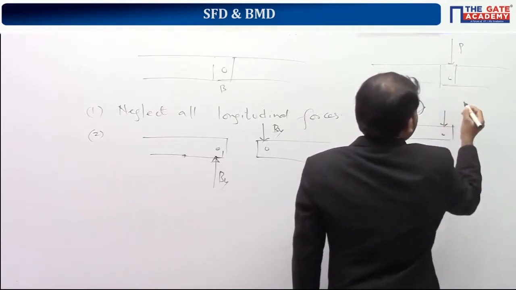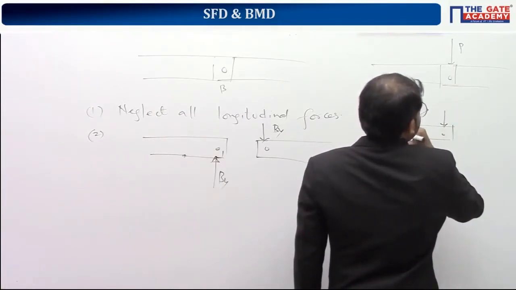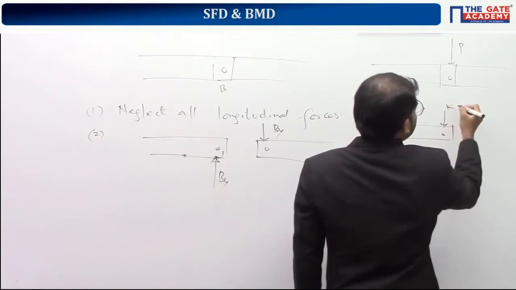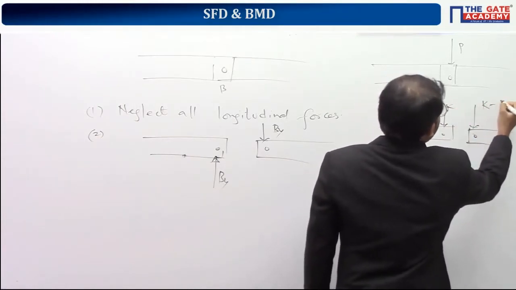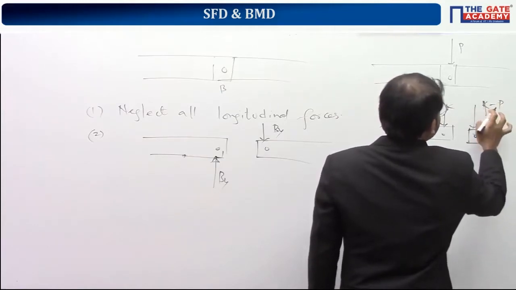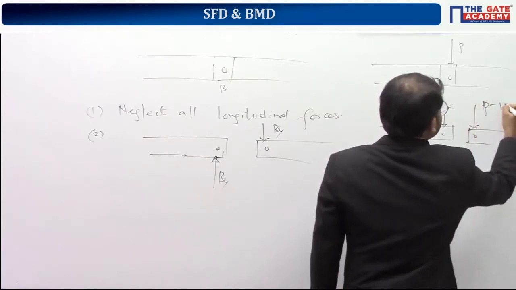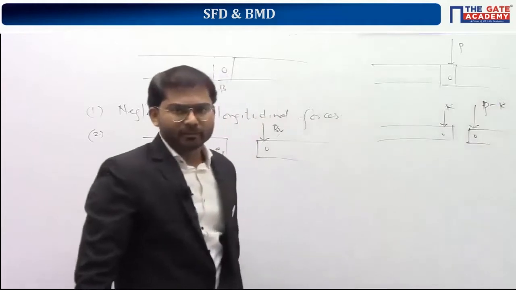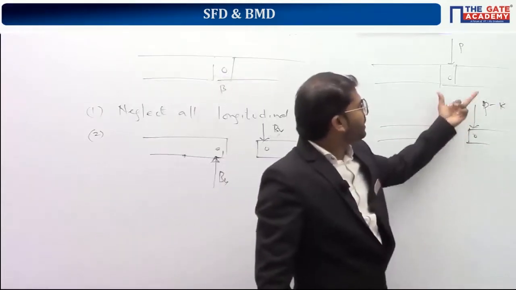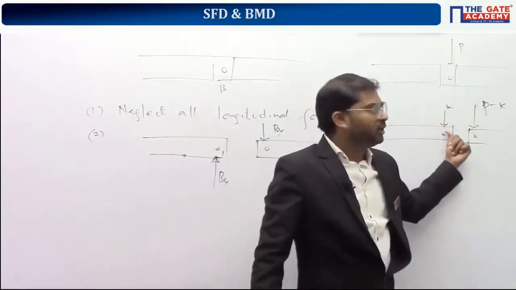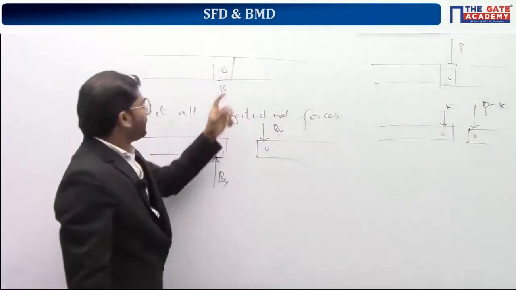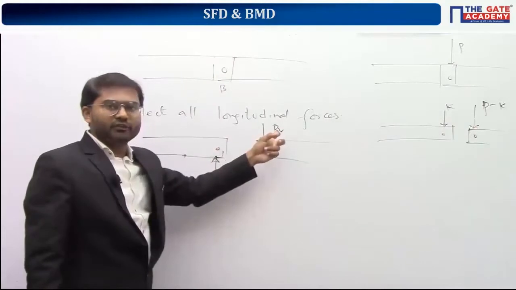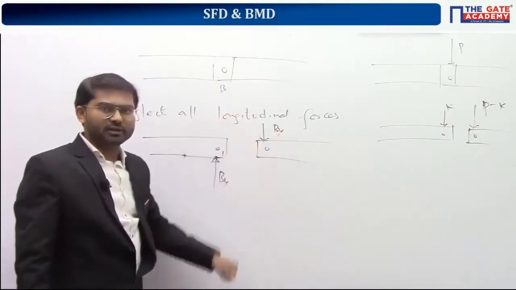Out of P, some value, let's take it as K, is going onto this beam here. The remaining part, that is P minus K, will go onto the second beam. So the effect of P is going onto both, and their addition should give you the value of P. Here there is nothing, so both additions should give you 0. So By upside, By downside.